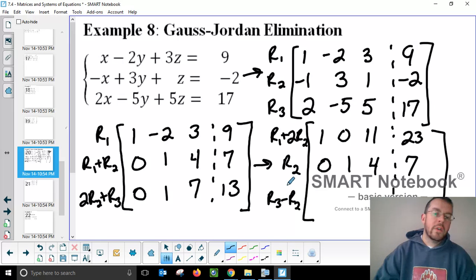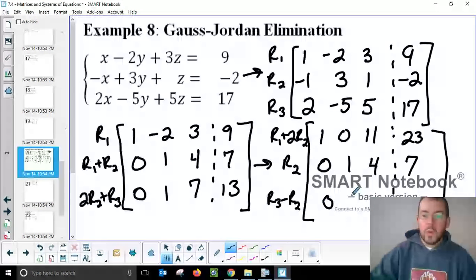You could have, of course, said row 2 minus row 3. That still would have given me the 0, but I did it this way since this was larger, to give me a positive value here. So 1 minus 1, 0 minus 0 is 0. 1 minus 1 is 0. 7 minus 4 is 3. 13 minus 7 is 6.